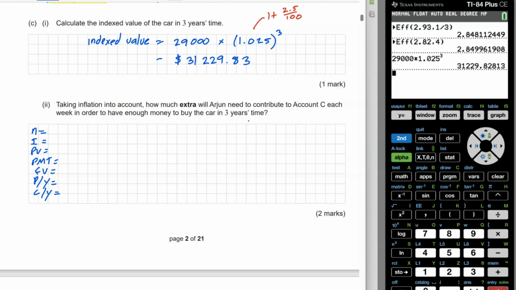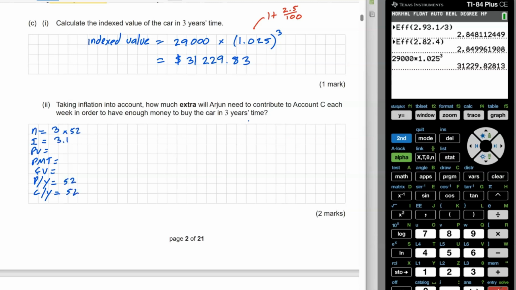Now we're going to be using that value in the next question, because if we have to account for inflation, we need to put more money in than just the $50 that we're paying extra at this point. So when we go through to our calculator, we're still doing it for the 3 years, compounding weekly.